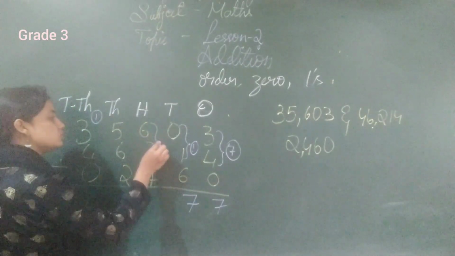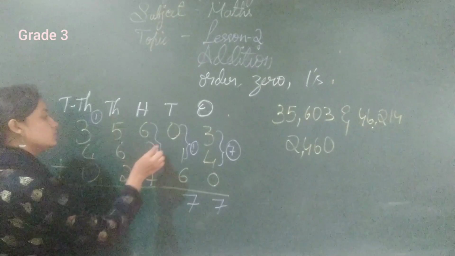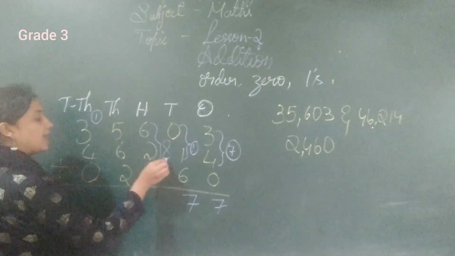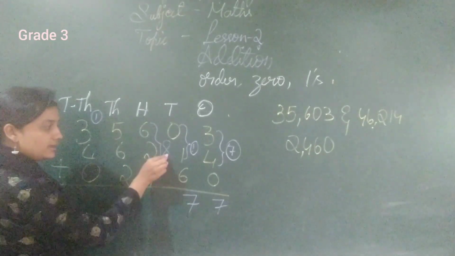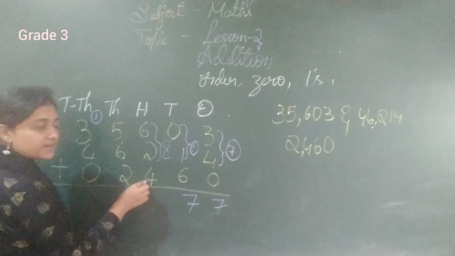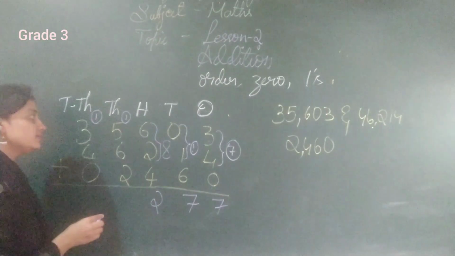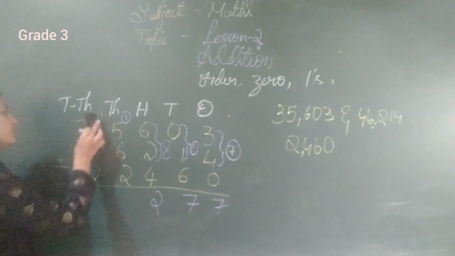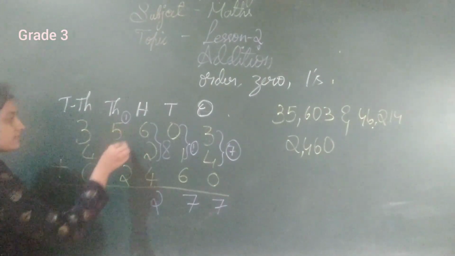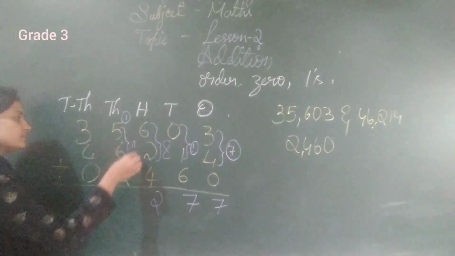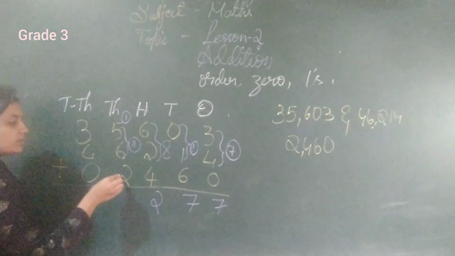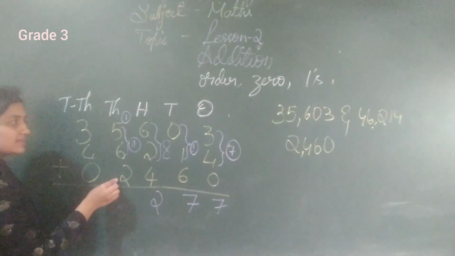Now again add these two numbers first. 6 to 8, 8 plus 4. Keep 8 in your mind, 4 on your finger. What is the answer you get? 12. 2, 1 carry. Now 5 plus 6 becomes 11. 11 in your mind, 2 on your finger. The answer is 13.